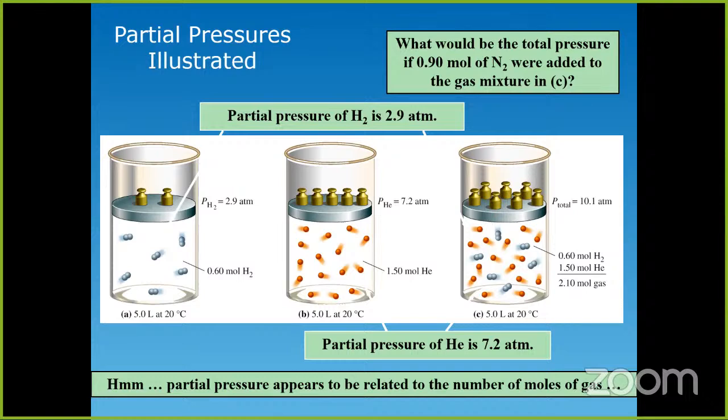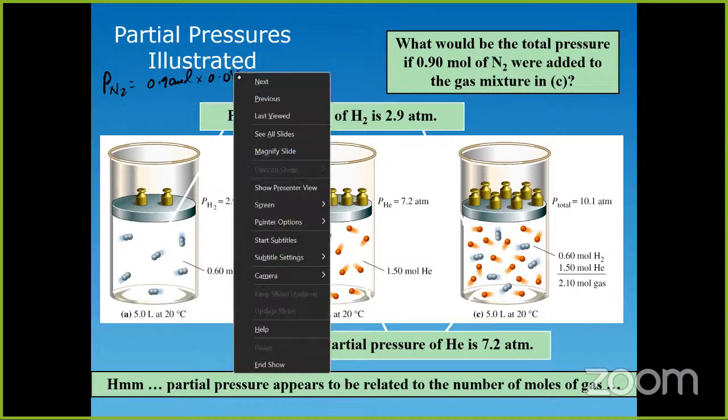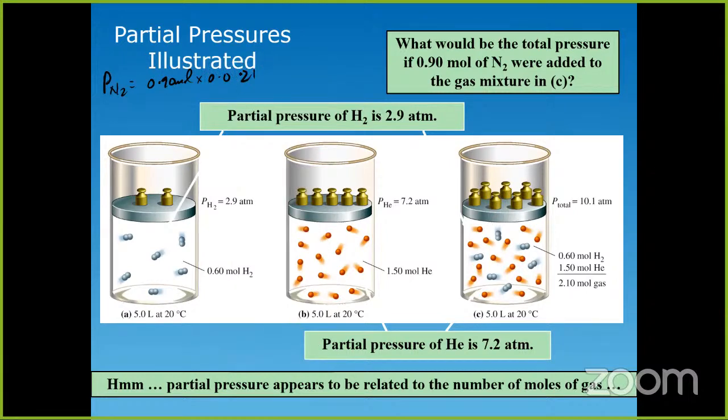You could do it that way. So what he was suggesting is that you find the partial pressure of the nitrogen that you added. And that's one way of doing it. It's a bit longer, but that's one way of doing it. So basically what you would do is find the partial pressure of N2, and that would be equal to 0.90 moles times R, which is 0.0821 liters atmospheres over mole Kelvin times the temperature.